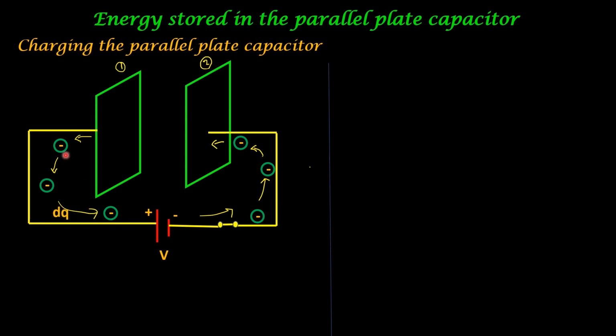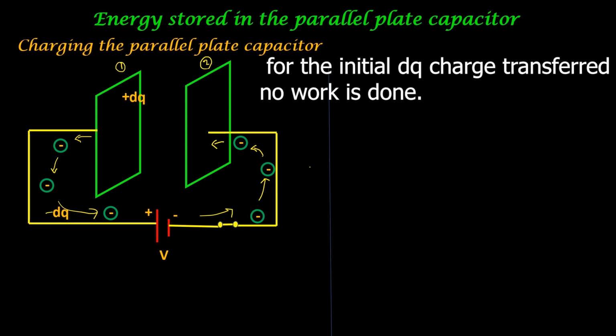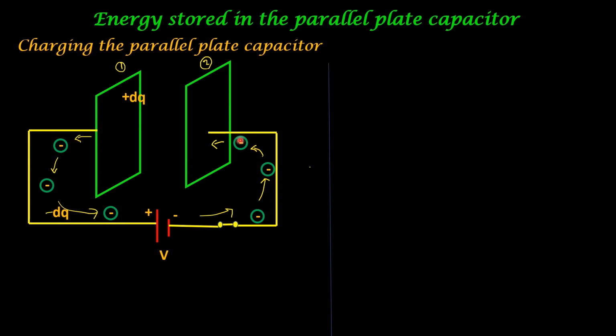Each time the battery pulls away a certain number of charges equal to dq from the first plate and transfers that to plate 2, a charge equal to positive dq develops in the first plate. The number of charges removed from the first plate is equal to the number of charges deposited in the second plate. For the transfer of the first group of dq, no work is done because it automatically flows.